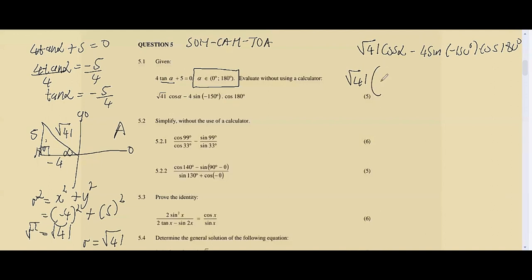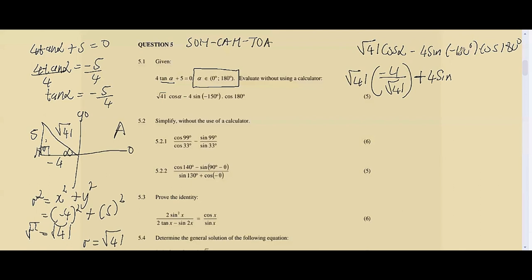So this is our adjacent negative 4 and our hypotenuse is root 41. And then here we have minus 4, but we know that sine of a negative angle is negative. So when the negative multiplies with the negative outside, this will become positive. So this will be positive 4 sine.